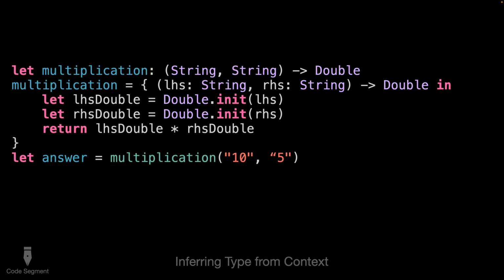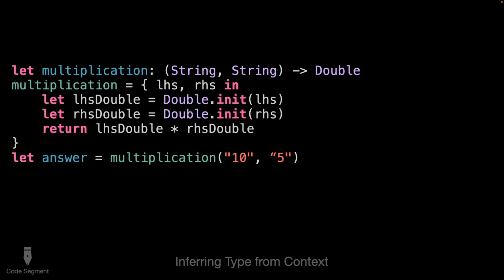Right. So we have some clues now that allow us to take some shortcuts. So first of all, we do not have to provide all of that information in the function definition. It knows that this closure will return a double. We don't need to tell it that. It knows that this closure takes in two strings. We don't need to tell it that. The only thing that's missing are the parameter names, not argument labels, because you don't call this explicitly.